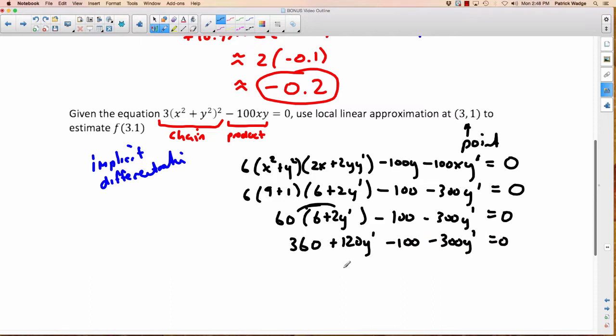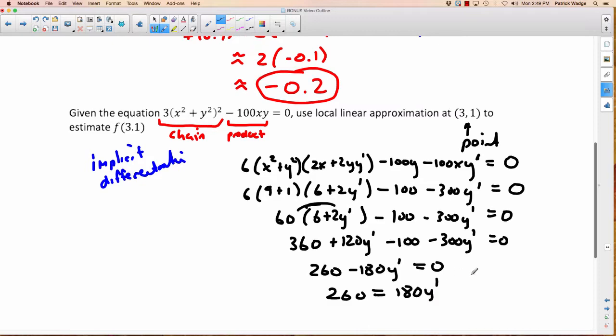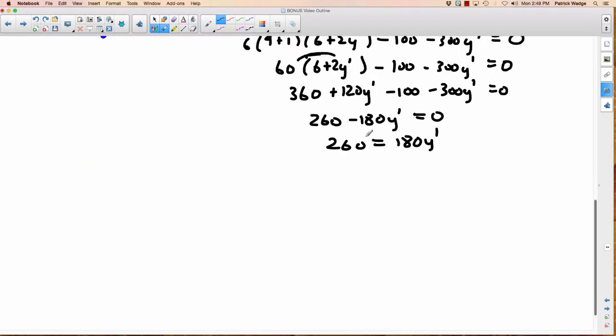Combine the 360 and minus 100, you get 260. Combine the 120 and the minus 300, you get minus 180y prime. Why don't we move the 180 over to the other side, so you get a positive 180y prime. And the last thing you have to do here before we simplify is to divide both sides by 180.